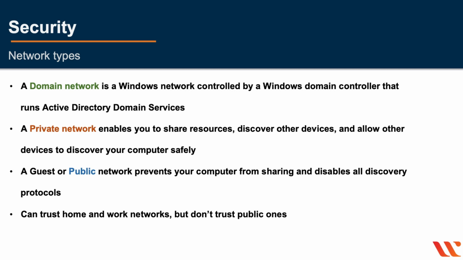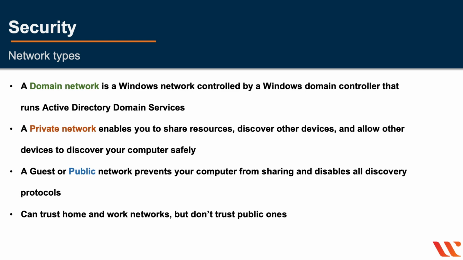And in this case, the domain controller tells the machine that it can or cannot accept other connections and what you can and can't share. So in this case, you don't need to do anything except just join that network with that domain. Now, a private network enables you to share resources, discover other devices, and it also allows other devices to discover your computer. And finally, a guest or a public network. So these are untrusted networks, and these prevent your computer from sharing and disable all network protocols.